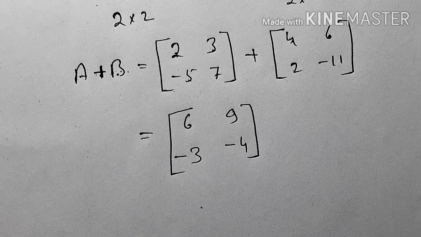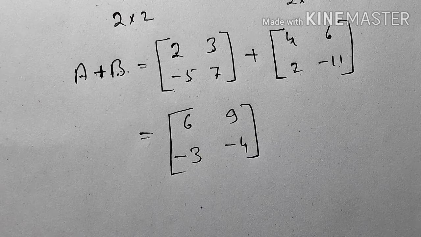Now multiplication of matrices. This one is the vital part of matrices. Before discussing the multiplication of matrices, I want to say that division of matrices is not possible, or it is invalid.